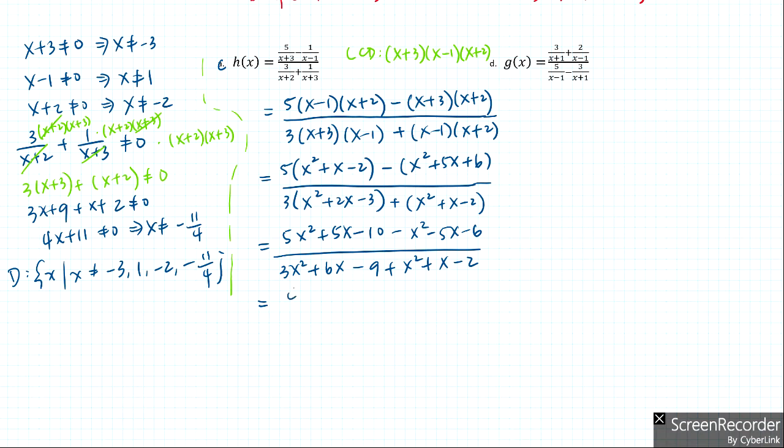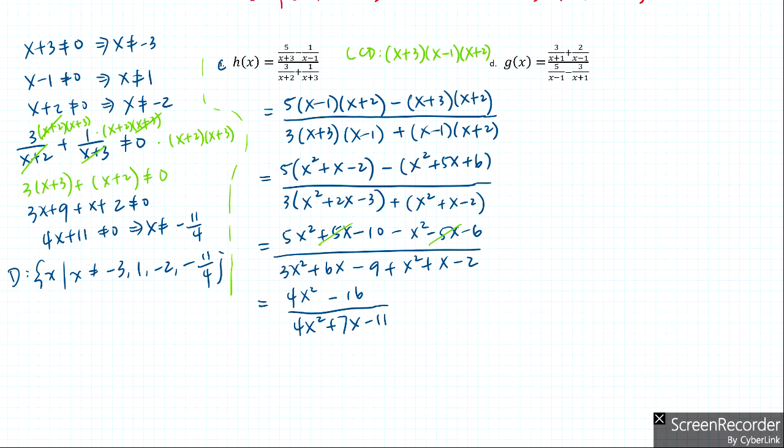On top, I would have 4x squared, 5x and 5x cancel each other out. And then I have minus 10 minus 6, which would be minus 16. And then we would have on the bottom 4x squared plus 7x minus 11 over here.